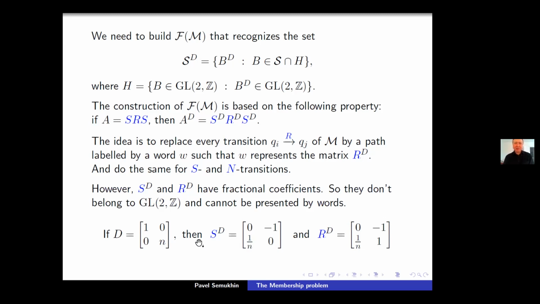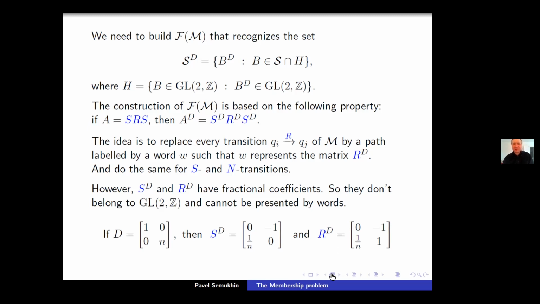So these matrices have fractional coefficients, and therefore they don't belong to GL2(Z). And so we cannot use them in the automaton, because our automaton f of M must describe a subset of GL2(Z). So all matrices should have integer coefficients.